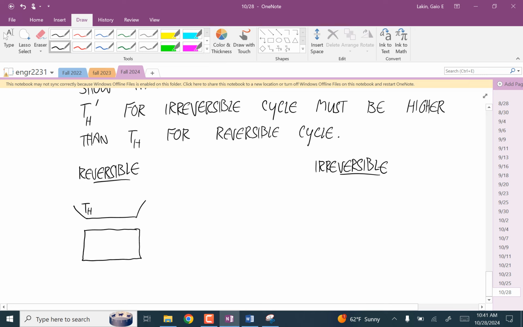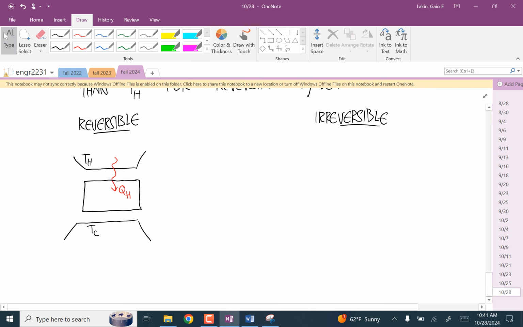Here's our system. And then we have this TC here. From the hot reservoir, we have QH coming in. And we have QC going out to the cold reservoir. And the result is producing this work W.